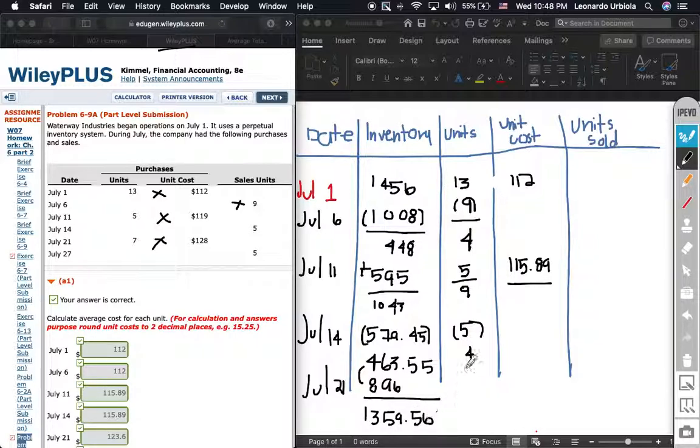Okay, and now it says that we bought 7 units, so we will have a total of 4 plus 7, 11 units.